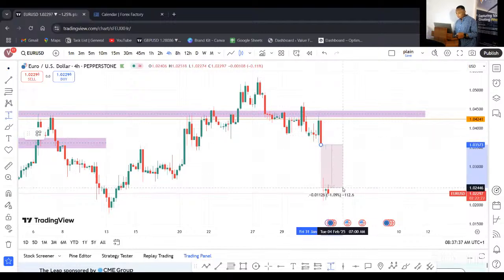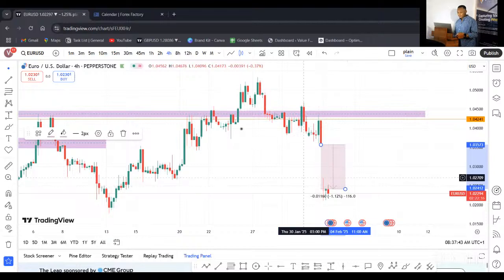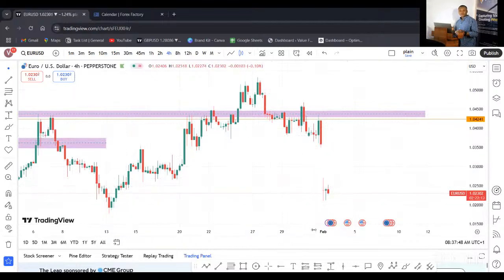Look at Euro USD doing 116 pips between Asian session till now. So that has really been priced in. So I would advise you wait for a little retracement and then a continuation, because you're already late to the party. And if we're saying we're already late to the party, then who is early to the party? I believe those who traded Asian session and already priced in this decision from the government would be early.